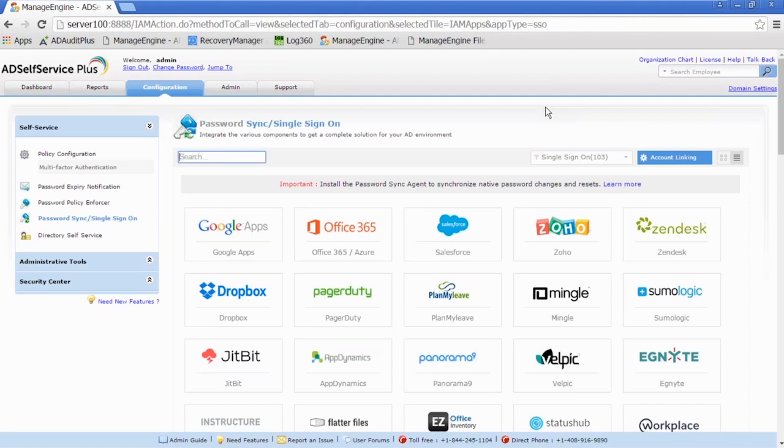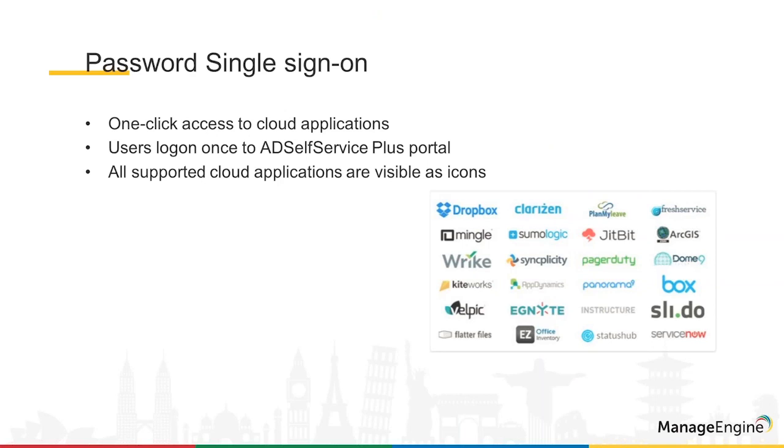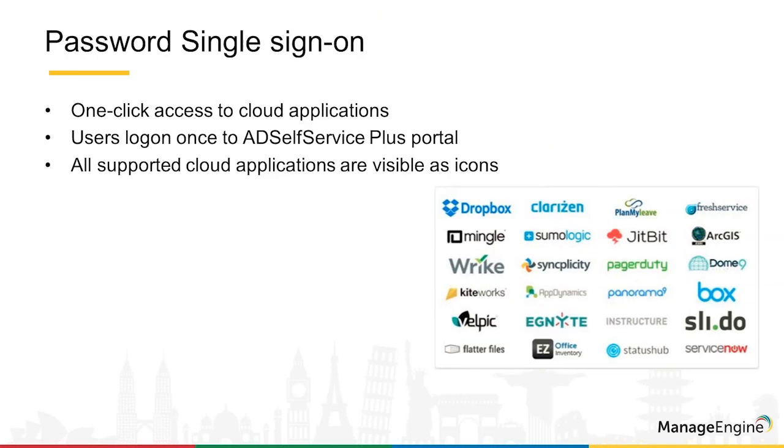So when a user comes into the ADSelfService Plus portal with single sign-on configured, they will only see the listing of applications that are targeted for them. Again, giving you, the administrator, the power to control what they access, but giving the end user the ease of just getting their job done.